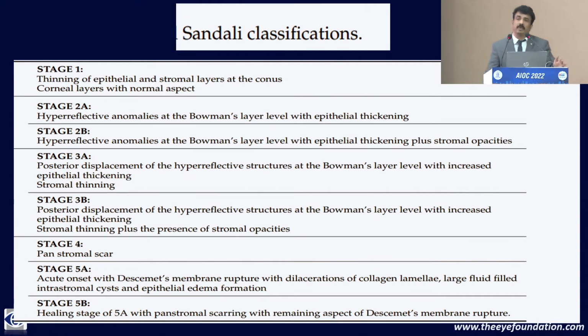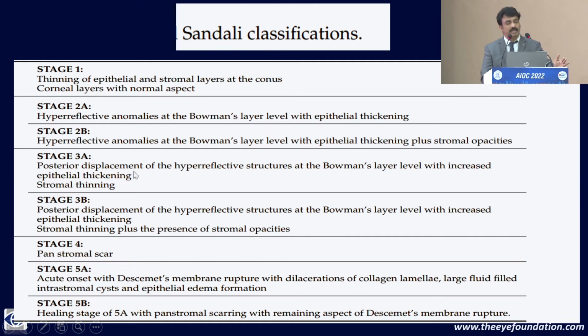A thorough preoperative evaluation, the slit lamp examination, as well as anterior segment OCT evaluation to classify this keratoconus has to be done. And this is a classification, OCT classification of keratoconus, stage 1 to stage 5 based on anterior segment OCT.